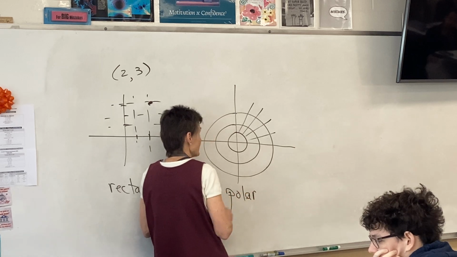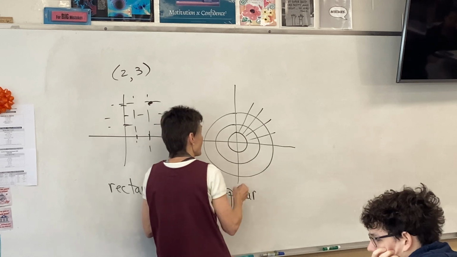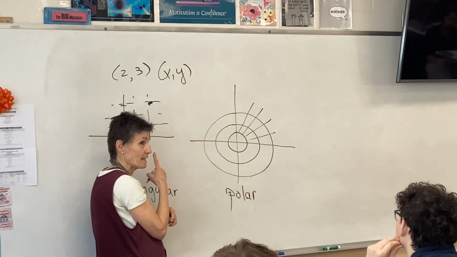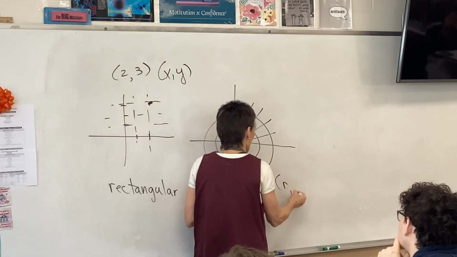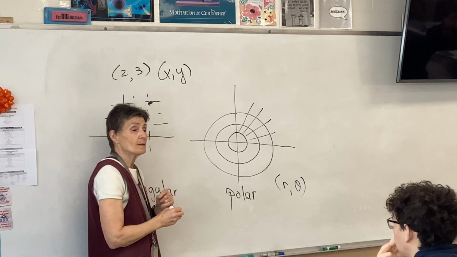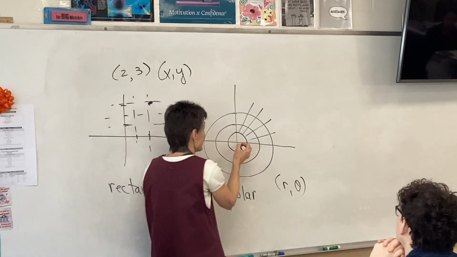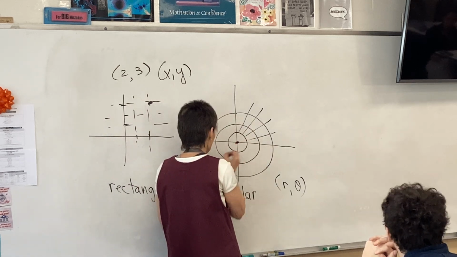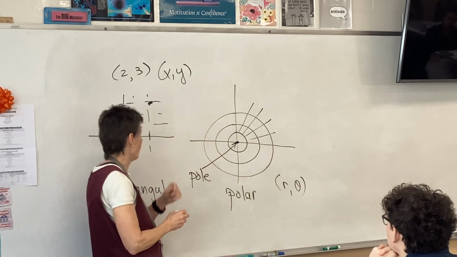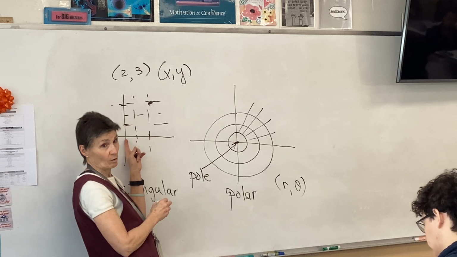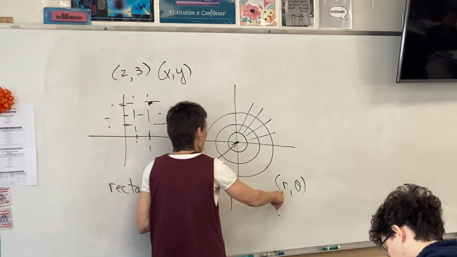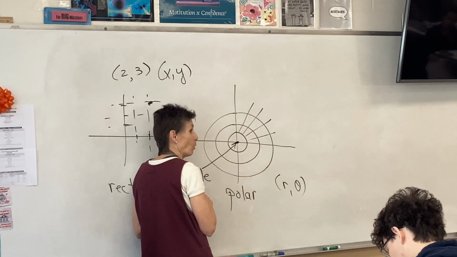On our polar system, we're going to plot points not as an X and a Y, that's rectangular, but as an R and a theta. And what R is going to stand for is the distance from the pole. In polar coordinates, that's called the pole. In rectangular coordinates, that's called the origin. Simple. So R is the distance from the pole.